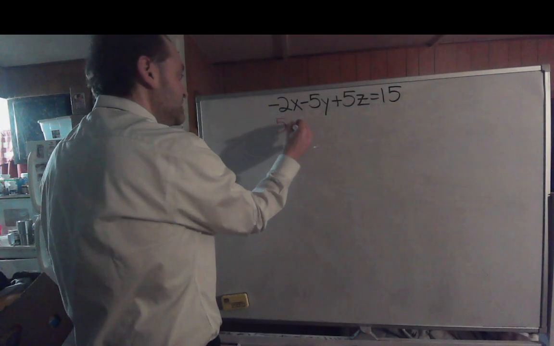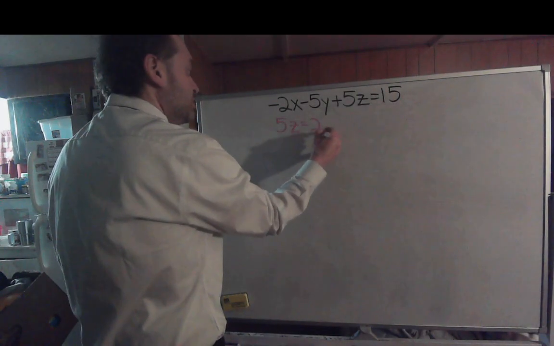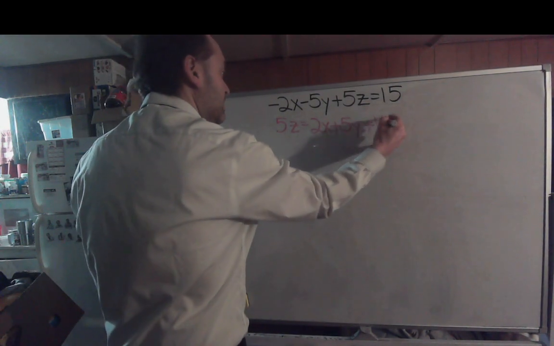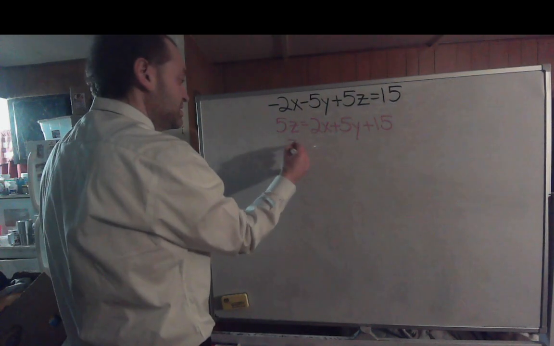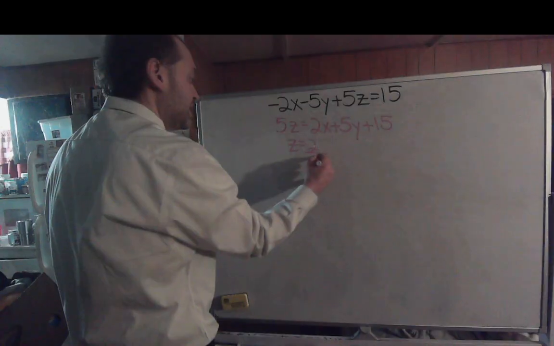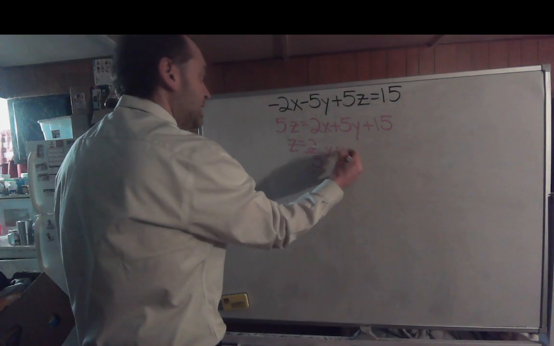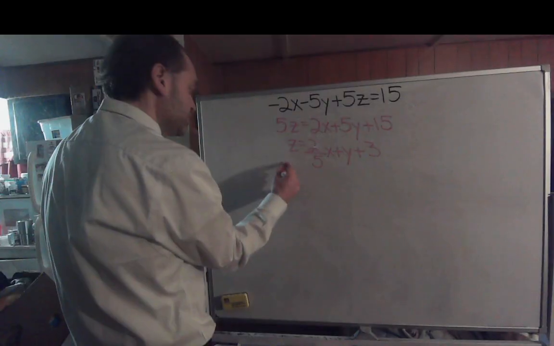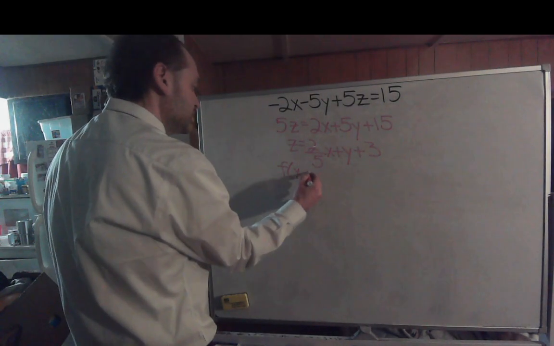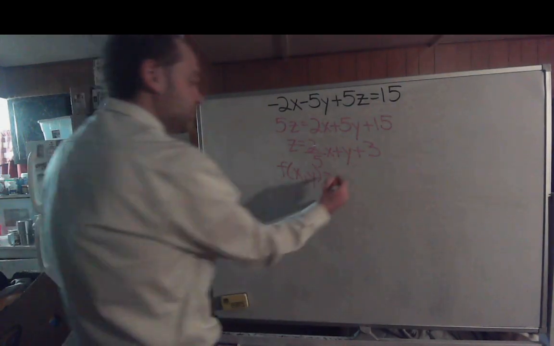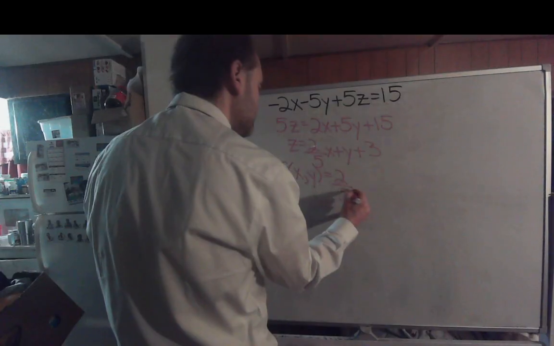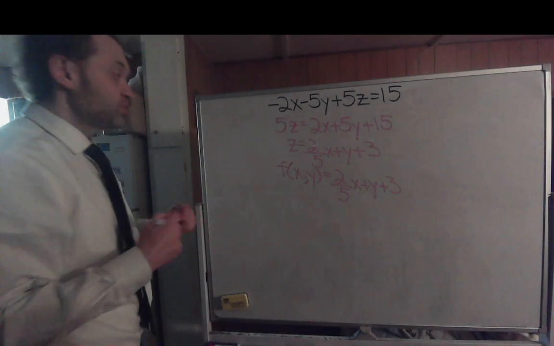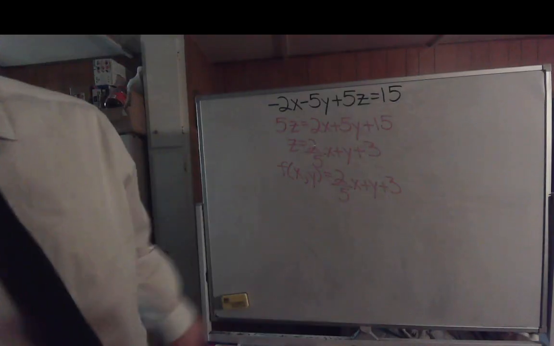That would give you 5z is equal to 2x plus 5y plus 15. Now just solve for z. Z is going to equal 2/5 x plus y plus 3. And then last but not least, turn z into the function of f of x, y notation. So f of x, y would equal 2/5 x plus y plus 3. So there's your function of x, y.